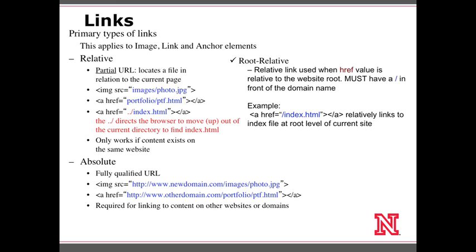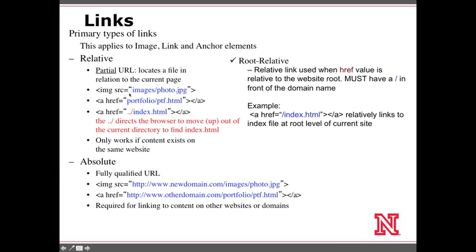And there are two different types of links that you can use depending on where you're pointing. You can use what's called relative, and a relative link locates a file in relation to the current page that you're looking at. That would be applicable if the page that you're pointing to is in the same folder structure, on the same site as your current page.